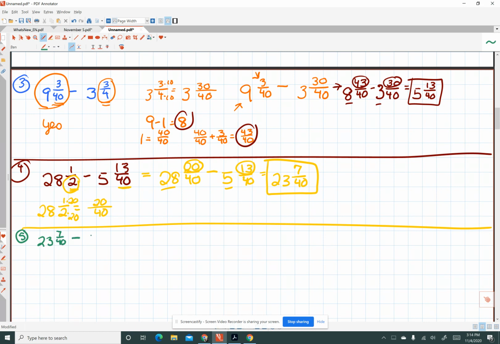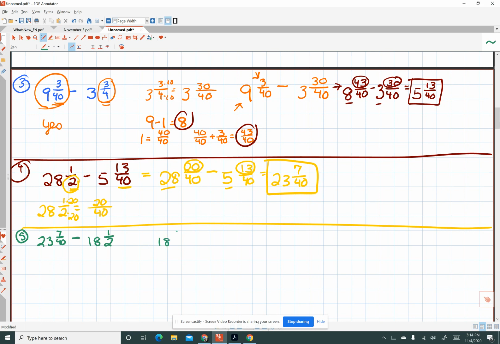minus 18 1/2. And we have the same denominators as before, but they're just reversed. So we know that 2 is a factor of 40. 40 is a multiple of 2. So the first, we're not going to change this first one just yet. But let's think about this 1/2.